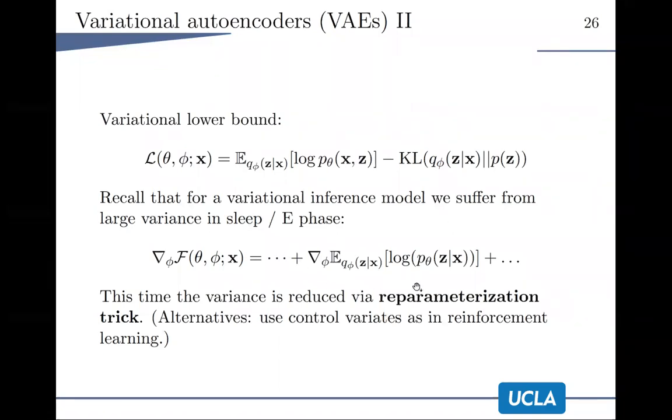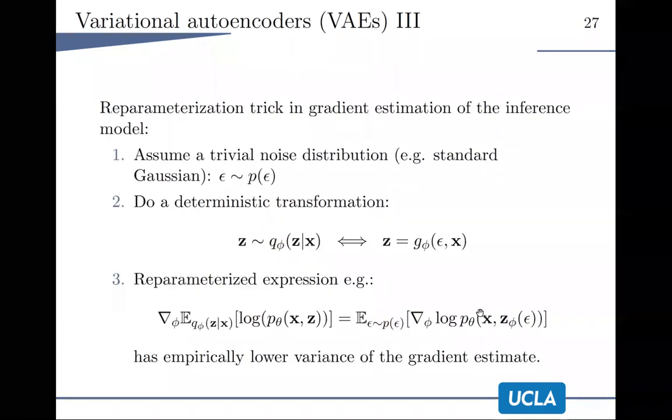This time the variance is reduced via a reparameterization trick. Of course, there are other alternatives for reducing the variance, like using control variates as in reinforcement learning, and many other ways. But this time it's chosen to be the reparameterization trick.